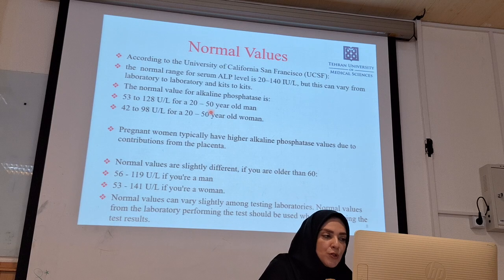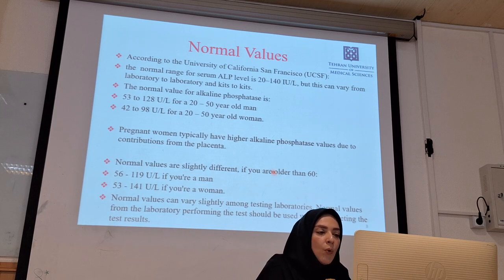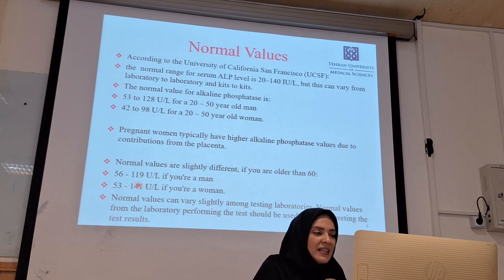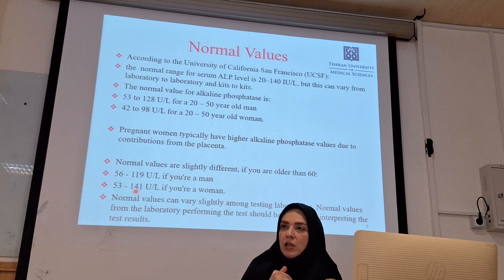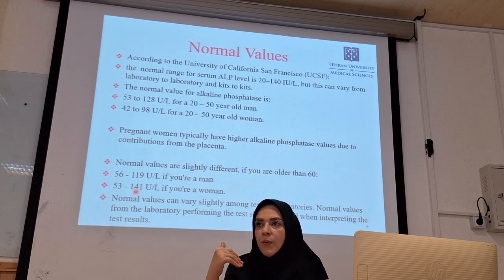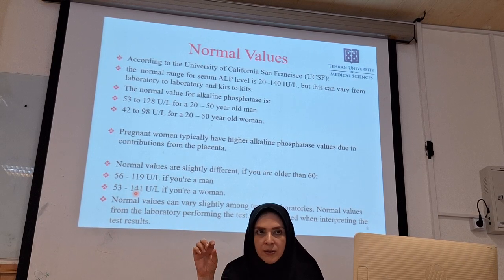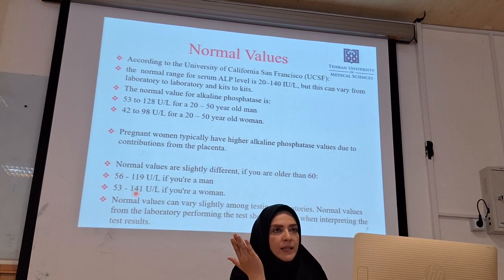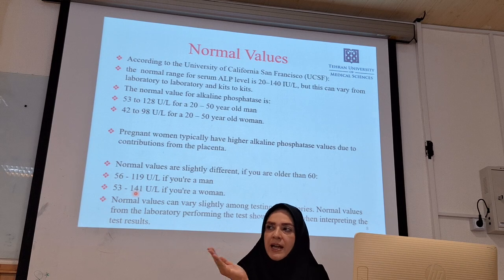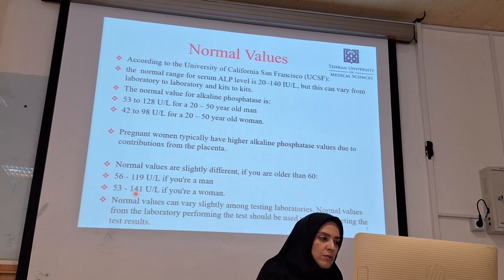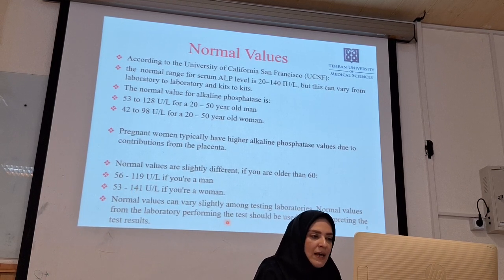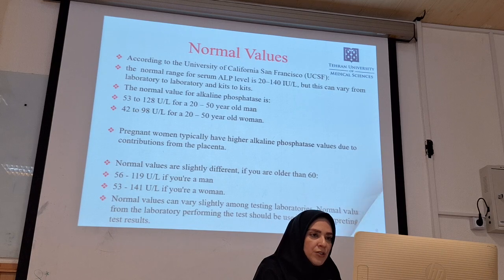This is up to 50 years old, this is older than 60. There is a little difference. All of this normal range will be mentioned in front of the results, okay? So you should just know that age and gender can affect the normal range. What you don't memorize, because each laboratory has a different normal range.